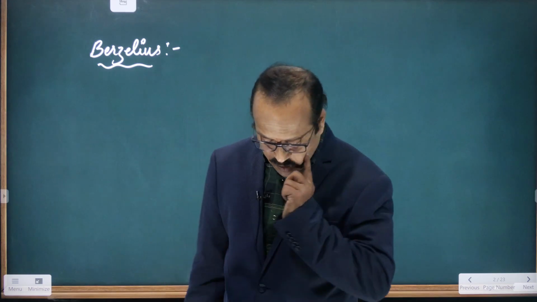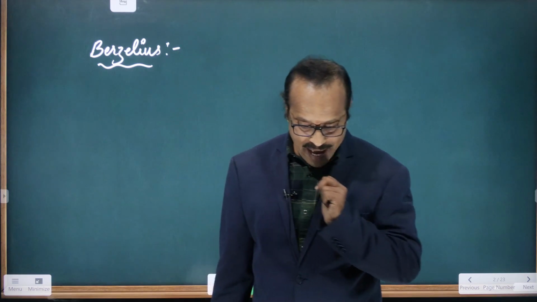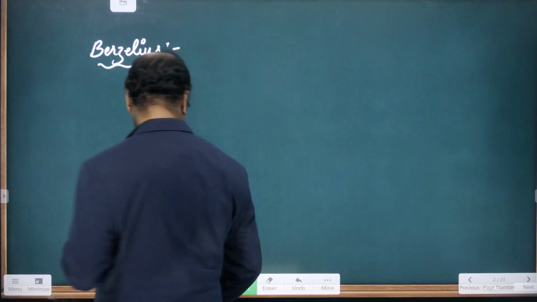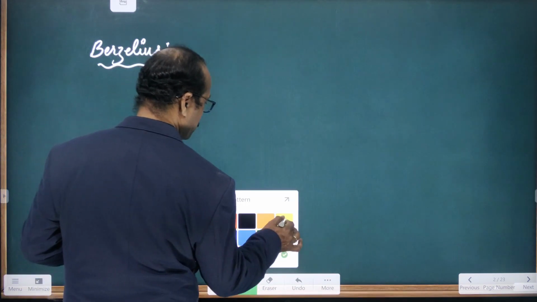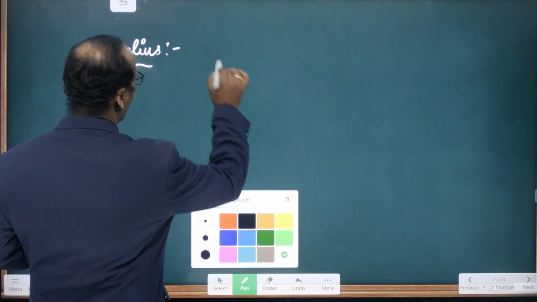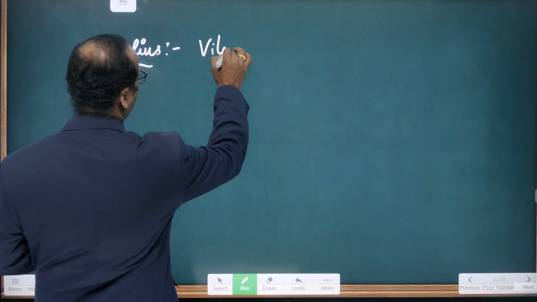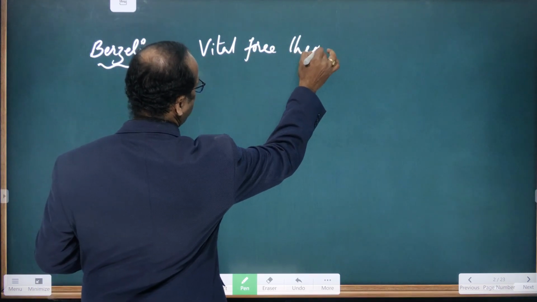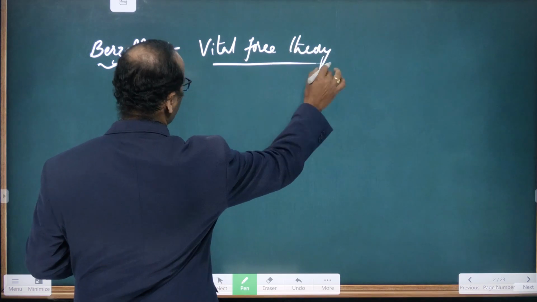But this theory was proved wrong by a scientist called Wöhler. So there was another scientist. First I'll write: Berzelius proposed the vital force theory. According to the vital force theory, what does it say?